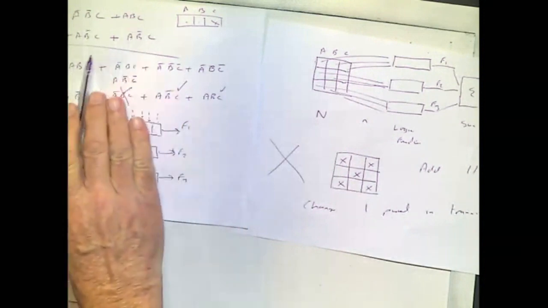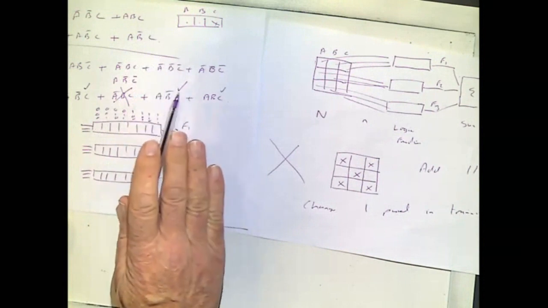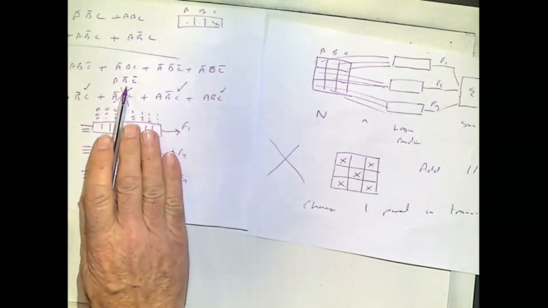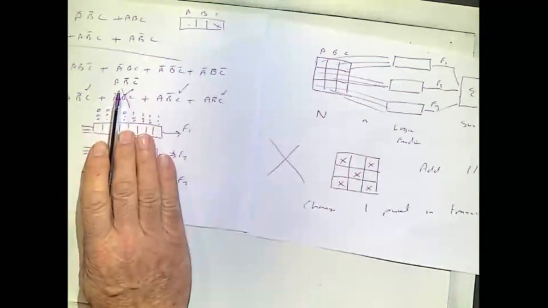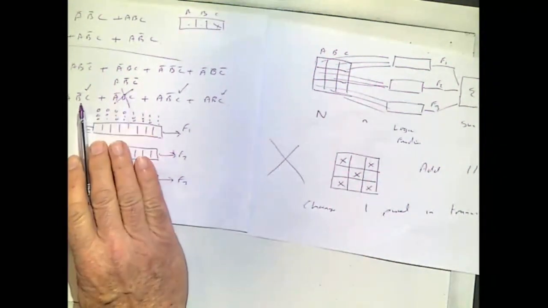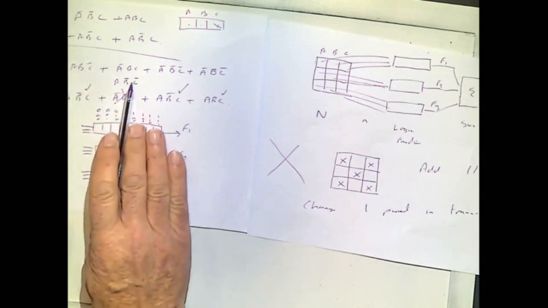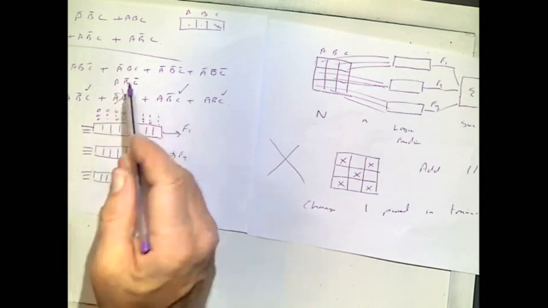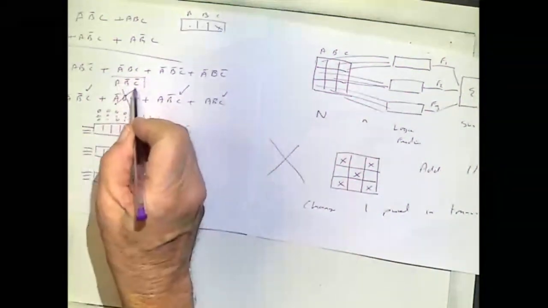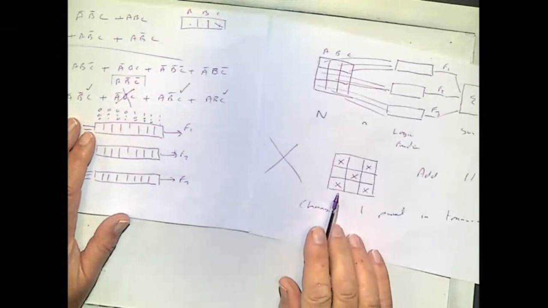Yes, yes, yes. A and not B and C. No, it's still not the same, is it? Yeah, it is there on the top. A and not B. Now let's check again.